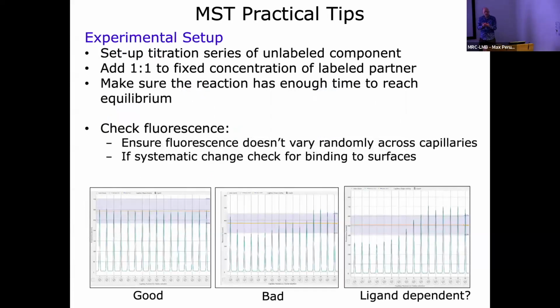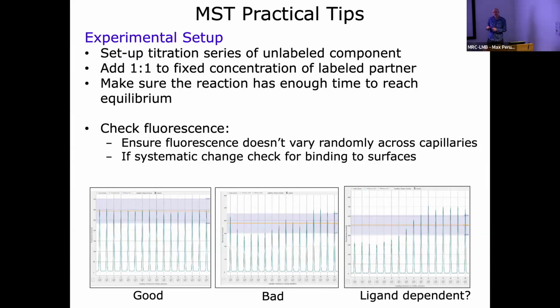So we easily set up a titration. You have a constant concentration of your labeled partner, adding 1-to-1 to your unlabeled material, and let it come to equilibrium. This is a similar thing to what you do for a polarization experiment. In this case, you need to really ensure that your fluorescence is accurate across.